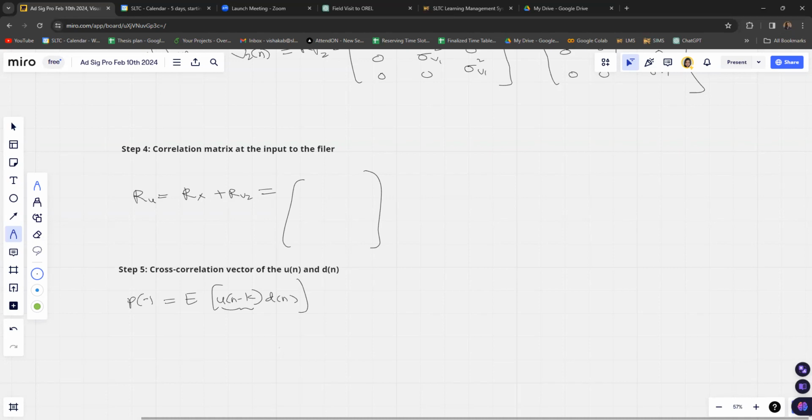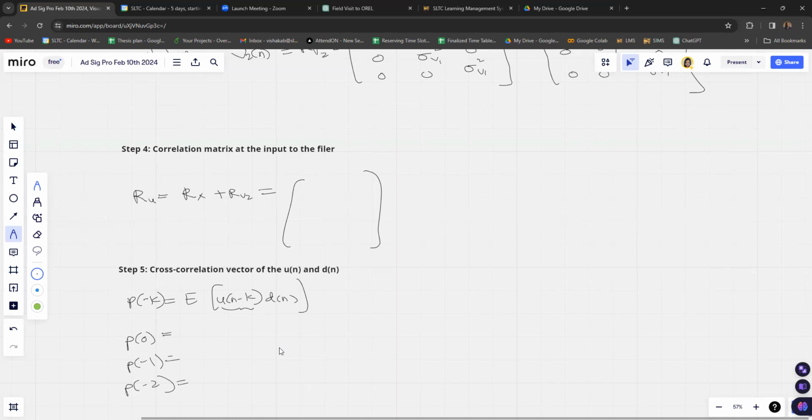Each vector component we will call P minus k. If we are considering past values up to 3, including the current one, we can calculate P0, P minus 1, and P minus 2 by substituting k equals 0, k equals 1, and k equals 2.